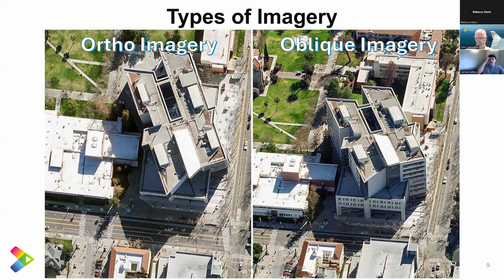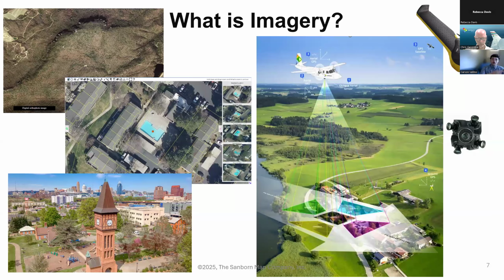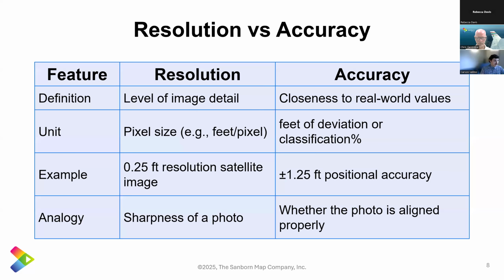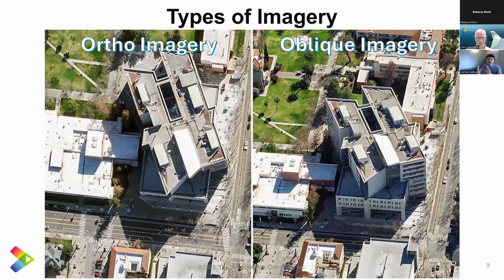Oblique imagery is a little bit different. If we come back to this diagram here on the right, you'll notice in the plane image that on the ground there are these purple, blue, green, yellow areas. These are the areas that are capturing oblique imagery, and what it's capturing here is a 45-ish degree angle. So if we come back here, you can see we're getting the front face of the features and the buildings as compared to ortho imagery.